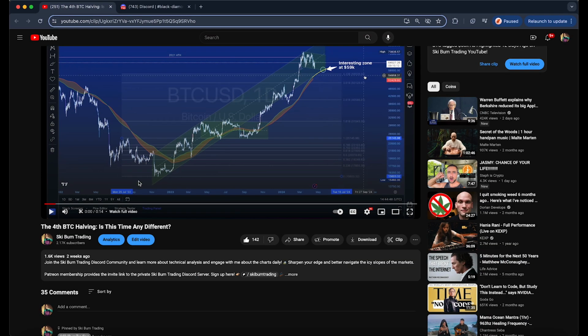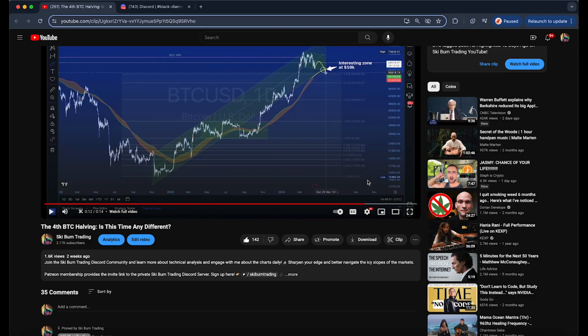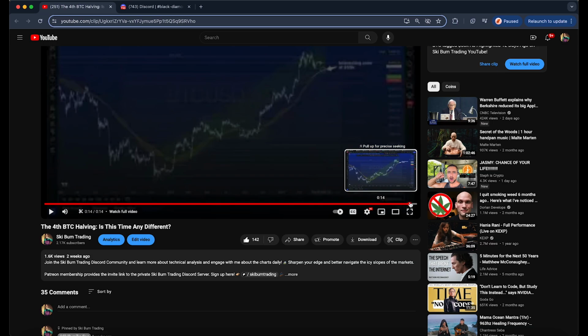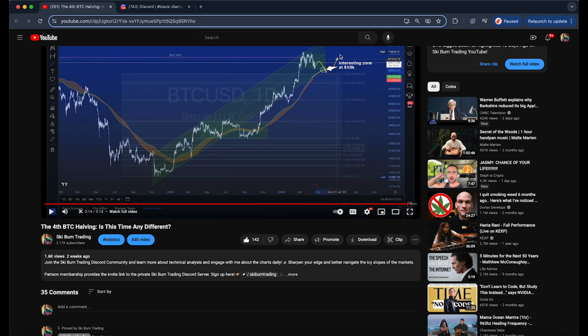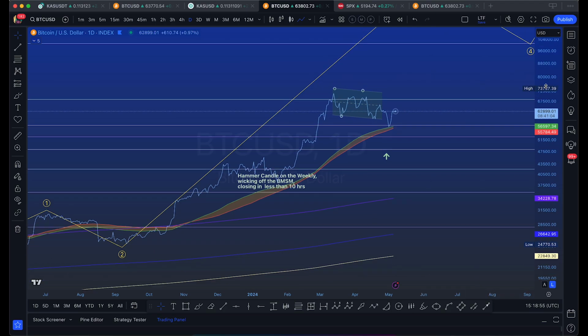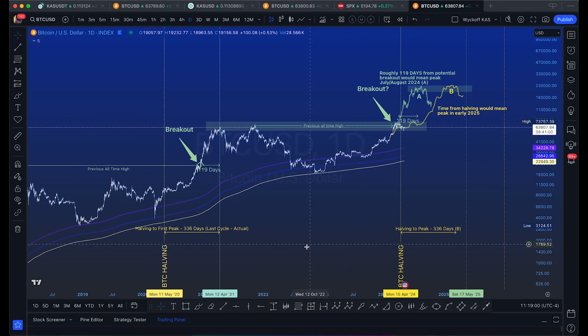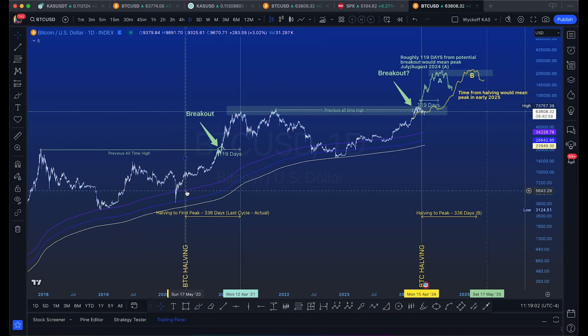So are we going to next get a move up, like where it pops back up right here? How's it looking? So far, we're popping back up, and we'll see. If we look at what Bitcoin did here after the Bitcoin halving, I basically just took this fractal and put it here.